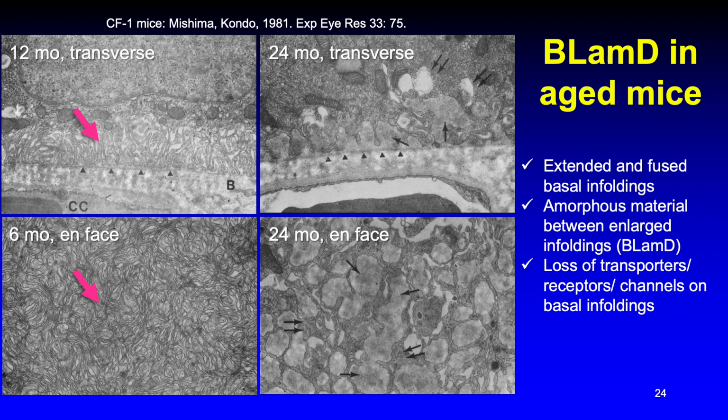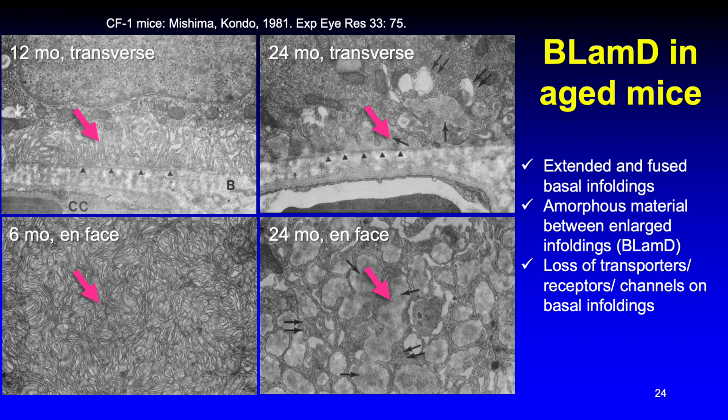We estimated in humans that the basal infoldings expand the absorptive capacity of RPE tenfold over what a flat membrane in the same area would provide. In older animals, amorphous material appears between the enlarged individual infoldings.